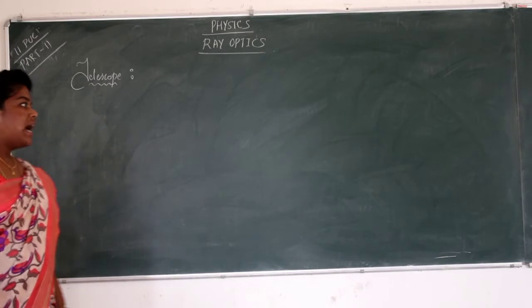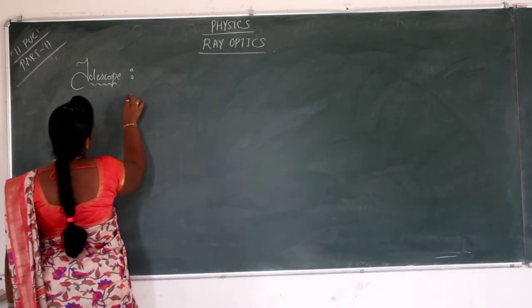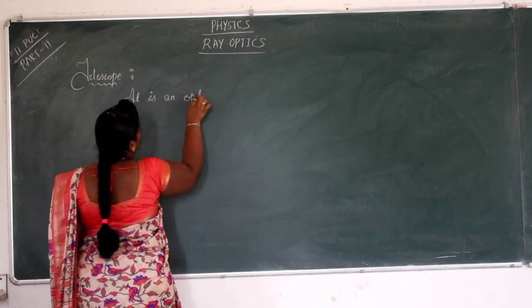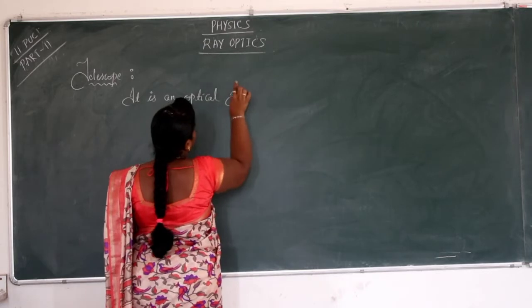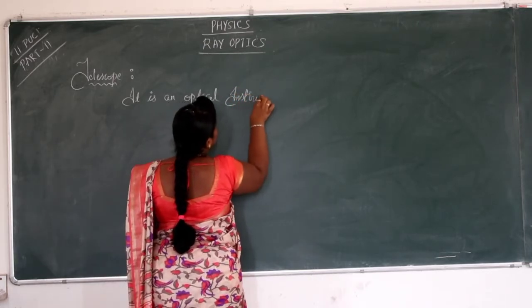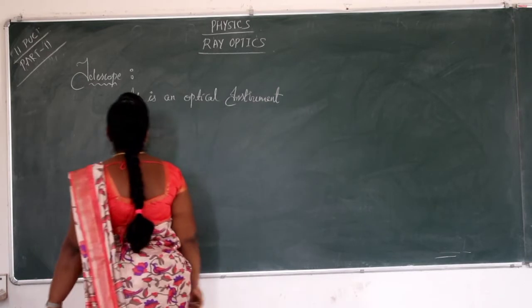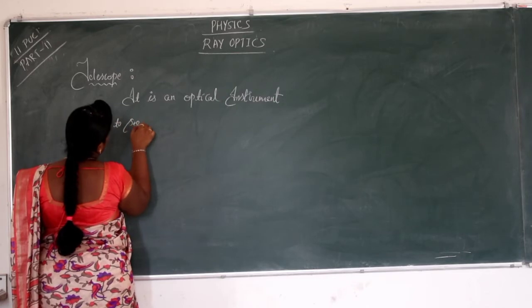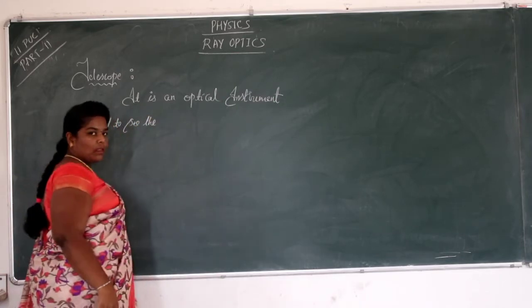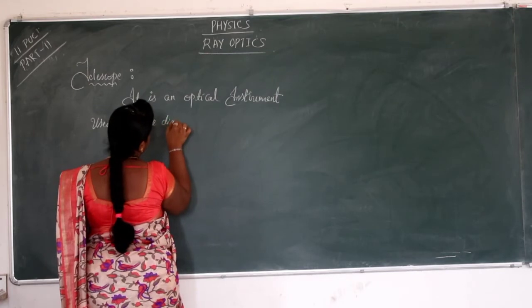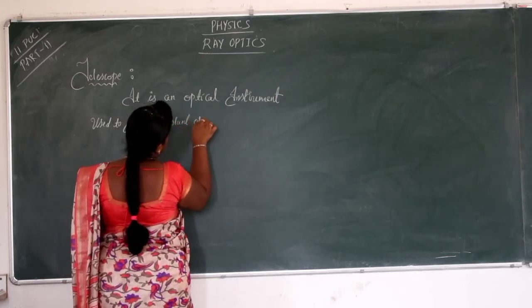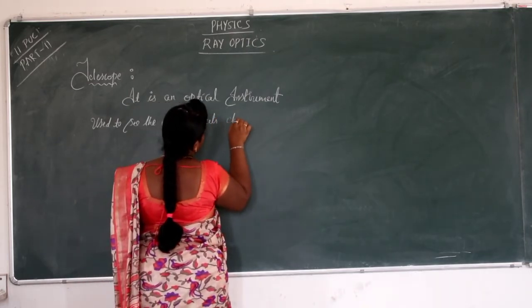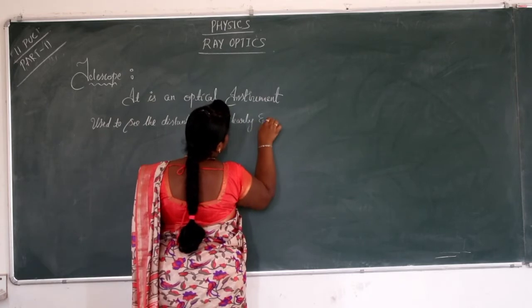So a telescope is an optical instrument used to see distant objects clearly and distinctly.